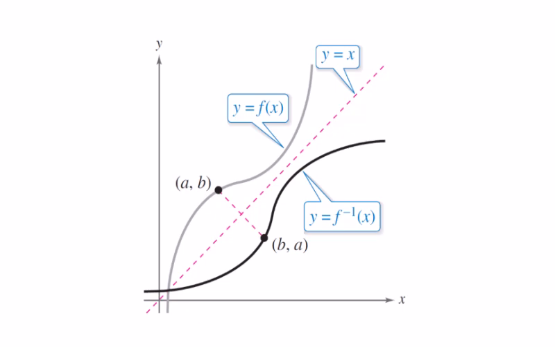So when we look at inverse functions graphically, they are symmetrical about the line y equals x. When we swap the input and output values, if we swap (a, b) with (b, a), then we see that those points are reflections across the line y equals x, okay?